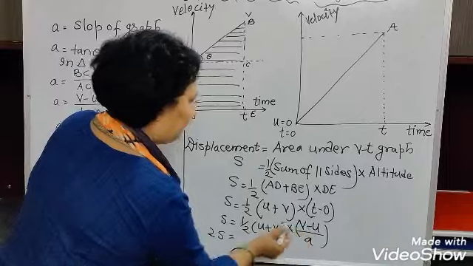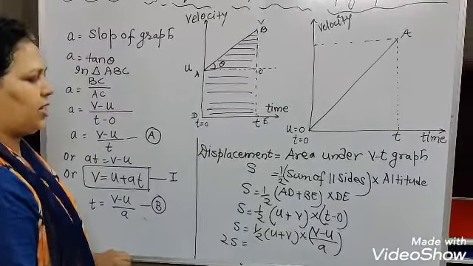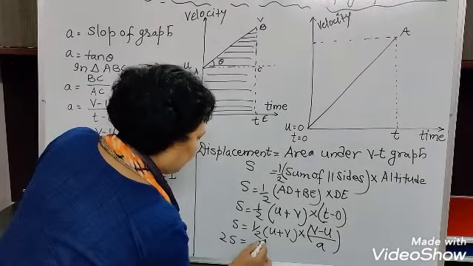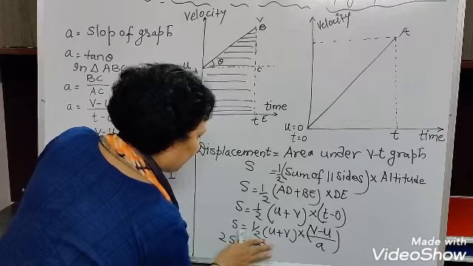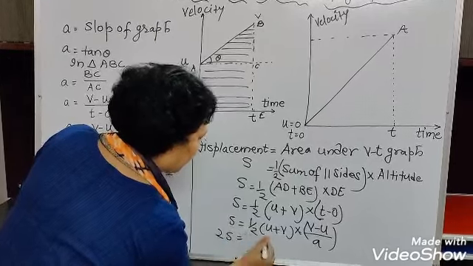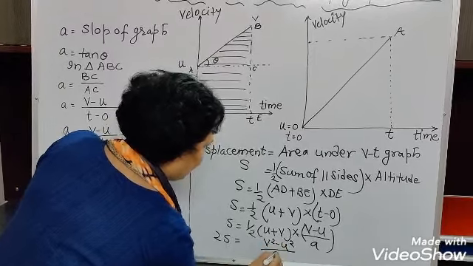u plus v and v minus u: a plus b and a minus b is equal to a square minus b square. So I am writing a square minus b square, that means v square minus u square. So it is v square minus u square upon a.